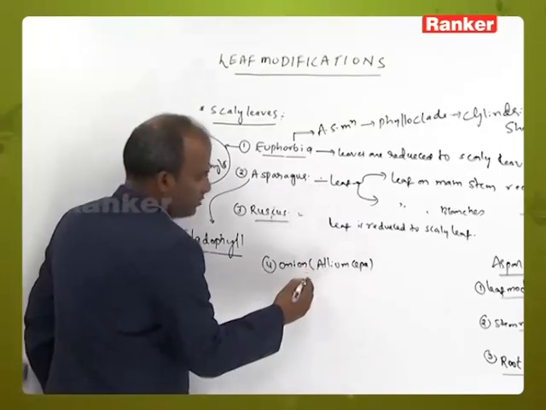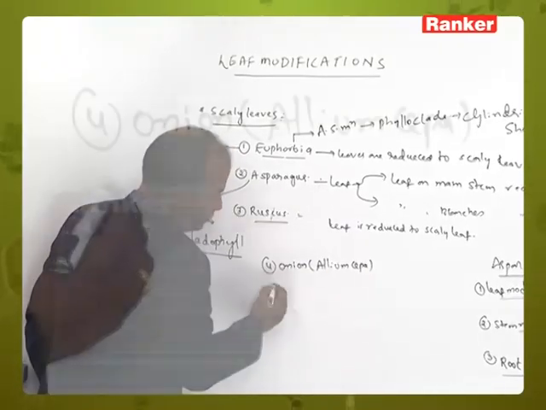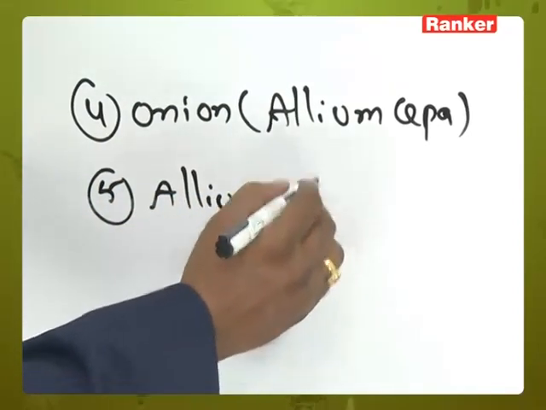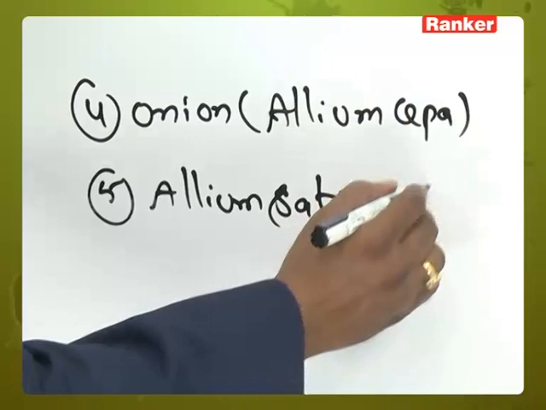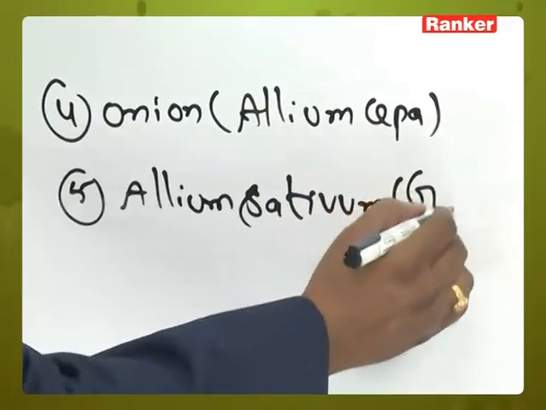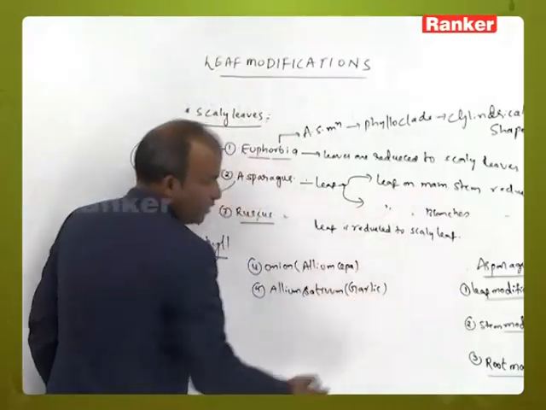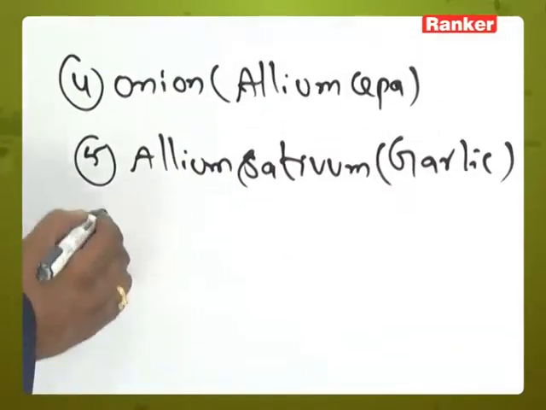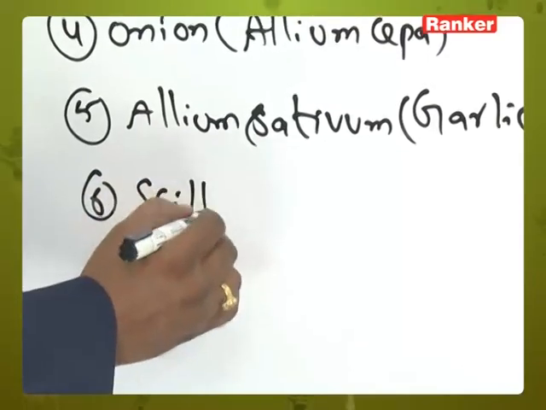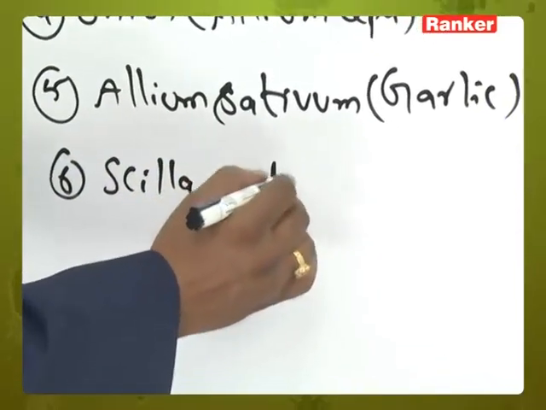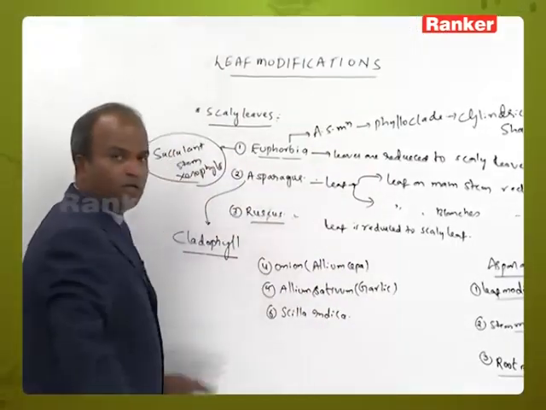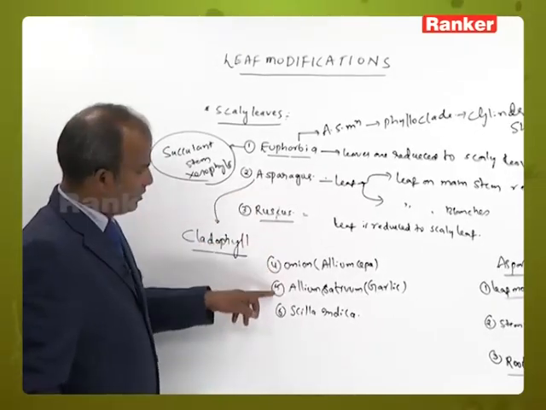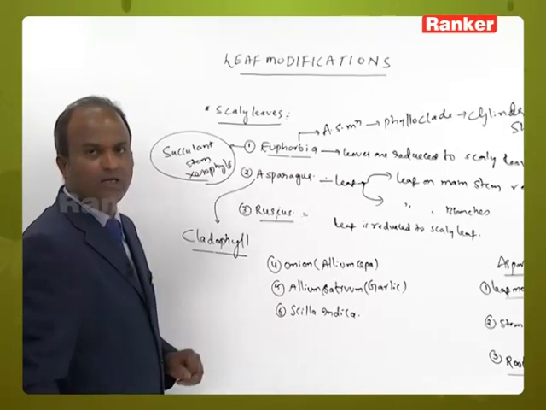Onion belongs to Liliaceae, and Allium sativum, that is garlic, is also a Liliaceae member. And sixth one is Scilla indica, also belonging to Liliaceae members. That means asparagus, ruscus, onion, Allium sativum and Scilla indica.